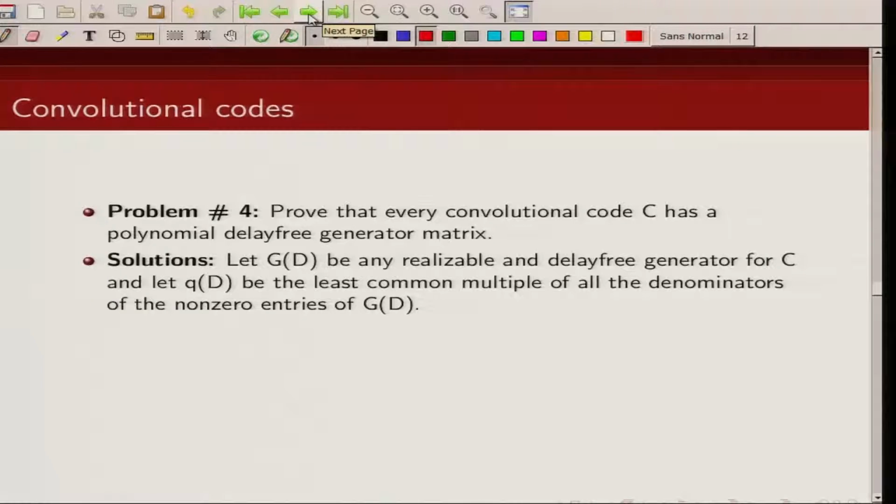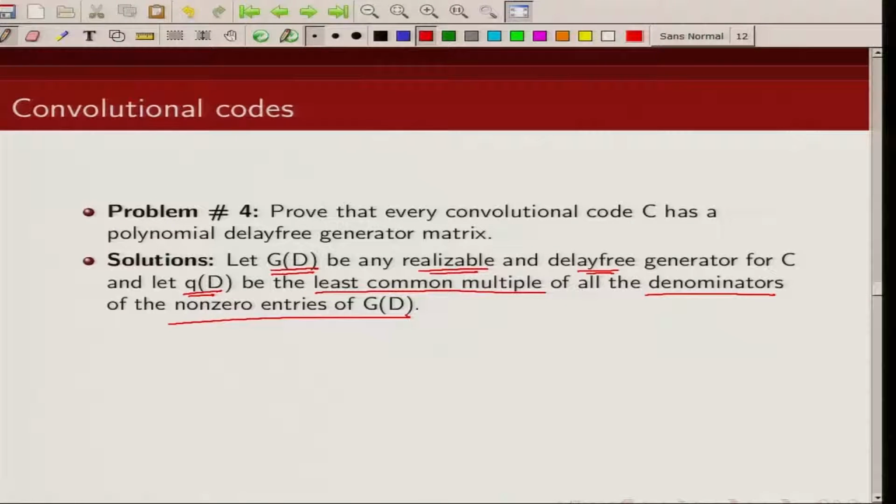Let us say we have a generator matrix G(D), which is any realizable and delay free generator for this convolutional code C, and let q(D) be the least common multiple of all the denominators of the non-zero entries of G(D).